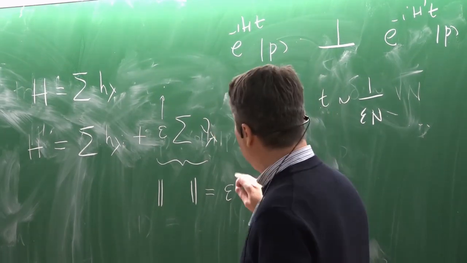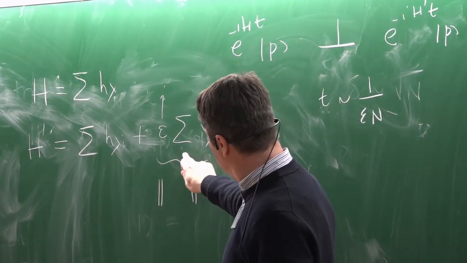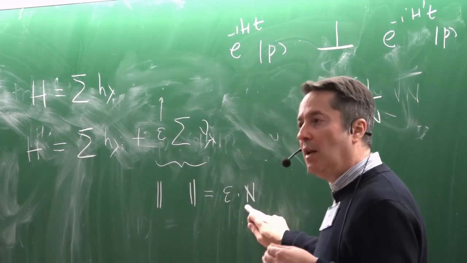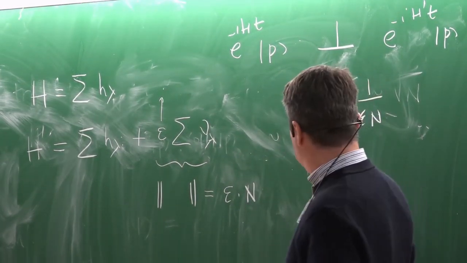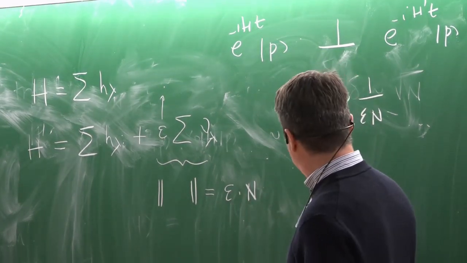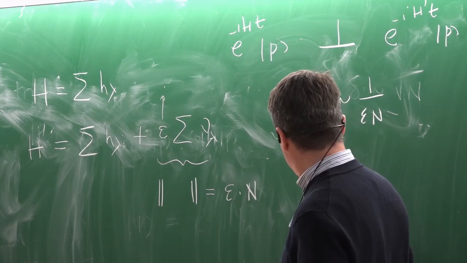Indeed, you can prove that even if there is some error that is extensive, that is proportional to n, if you want to simulate for some time t, then the error that you will make will not be like n times t. It's just epsilon times t.